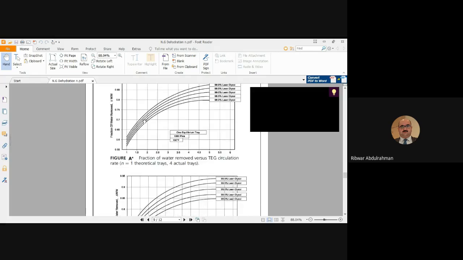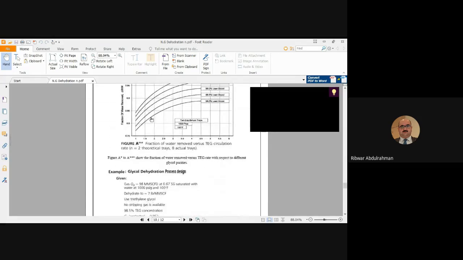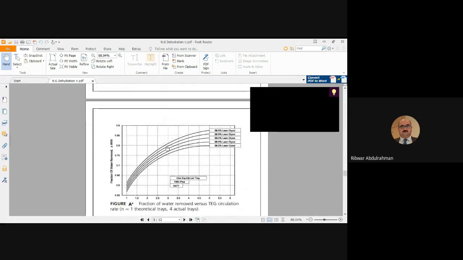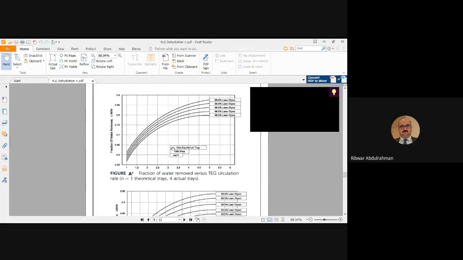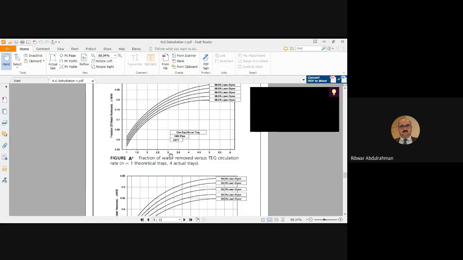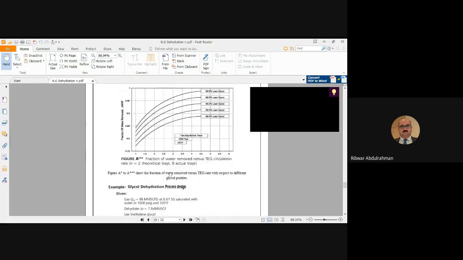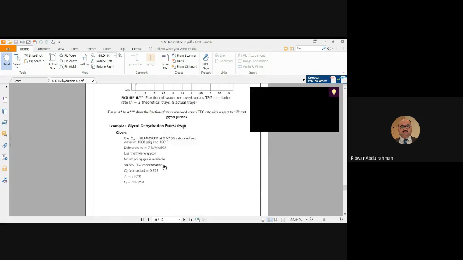Here we have three charts. These charts are very helpful to find the specific information required for the design process, and I'll mention them when I explain the problem.